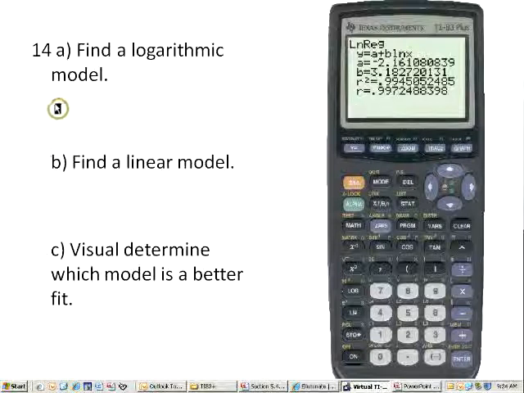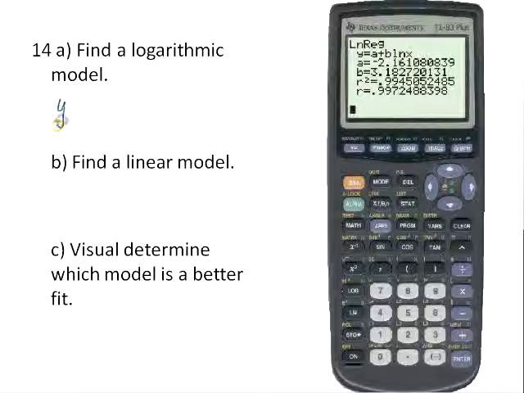My answer is going to be Y is equal to the A number, which we see as -2.161, plus the B number here, 3.182. I have to round it up to 3.183. And then this is times the natural logarithm of X.